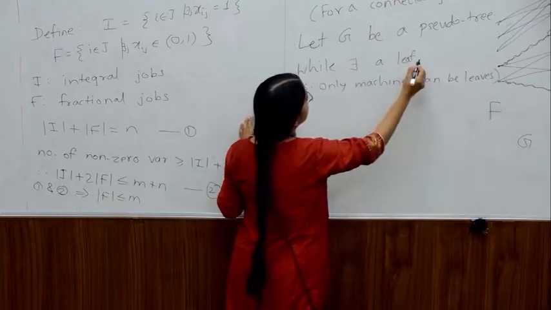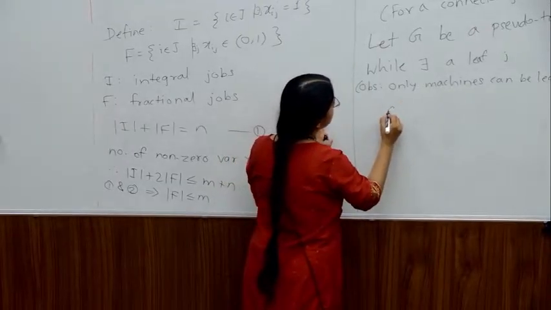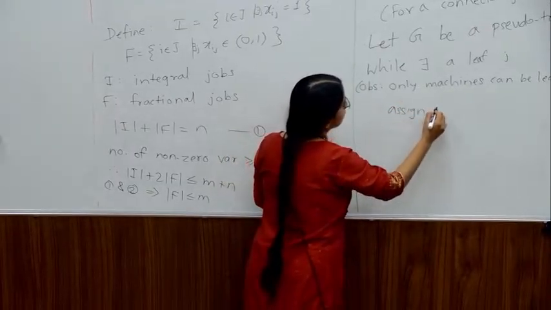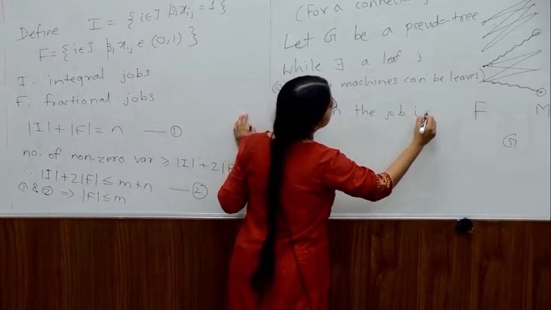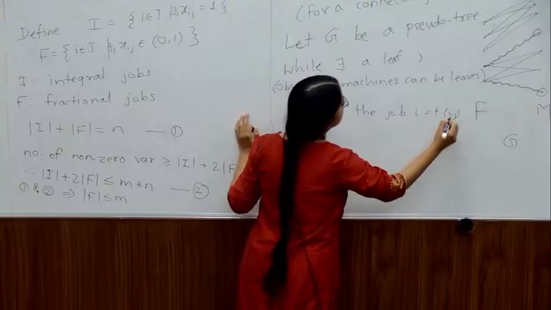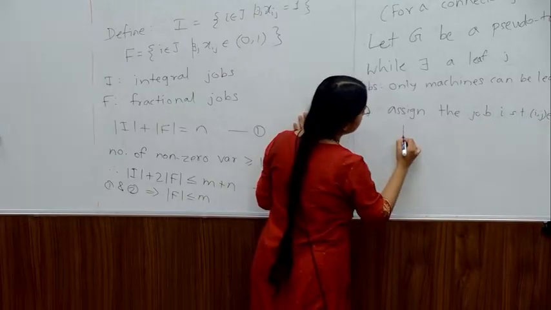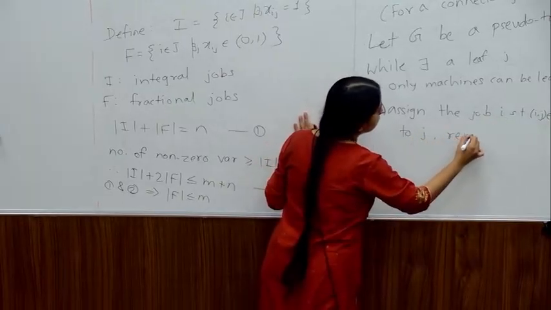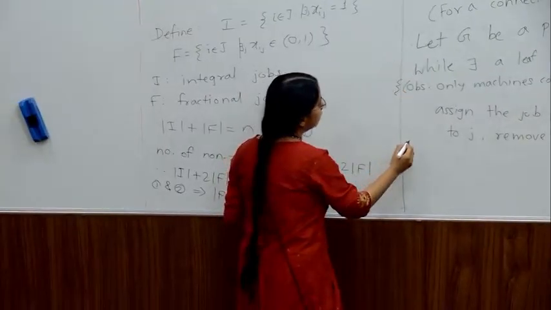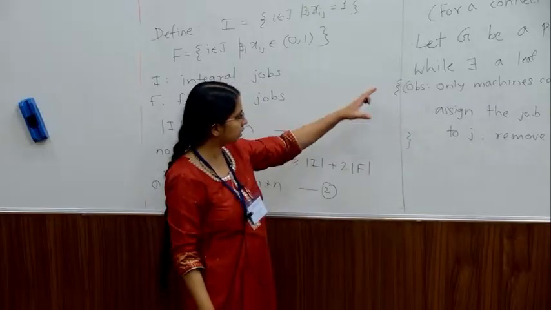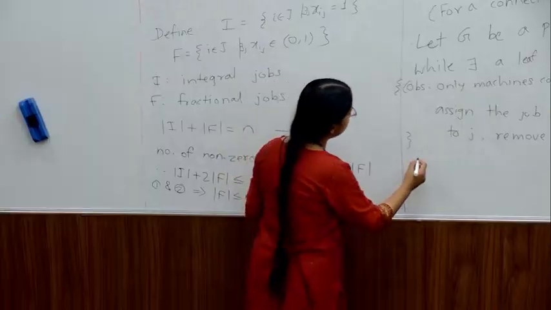So while there exists a leaf J, assign the job I such that Ij belongs to G. Assign the job I to J. Remove Ij. So we will keep doing this while there is a leaf. We said that no job can ever become a leaf by this procedure. Now there is no leaf.